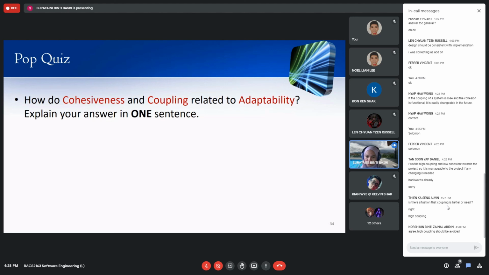Really not encouraged. Ms. Norshikin also said high coupling should be avoided from the programmer's point of view, and the same from an ex-programmer. So we really will avoid high coupling systems because it will be a headache in the future.